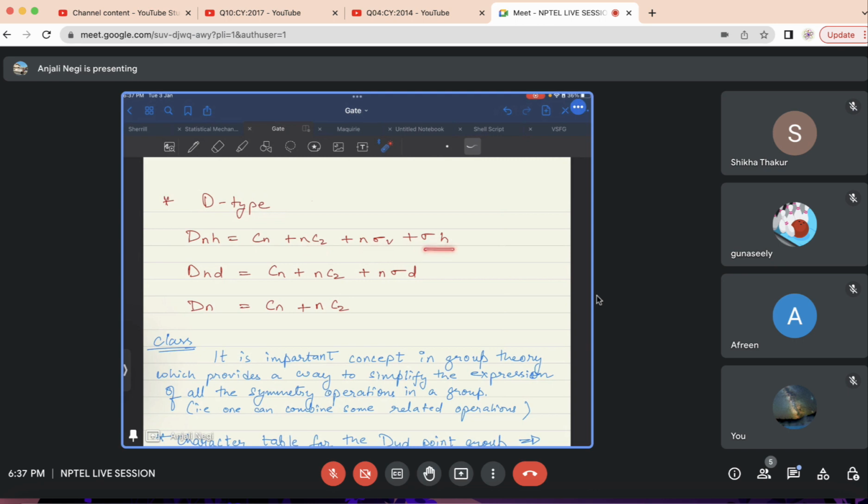Okay, and for Dnd, we have to note that sigma h is absent here in this case, that is why we are going to sigma d. So Cn plus nC2 plus n sigma d. Now in the last case, where there is no mirror plane present, then Dn is equal to Cn plus nC2.